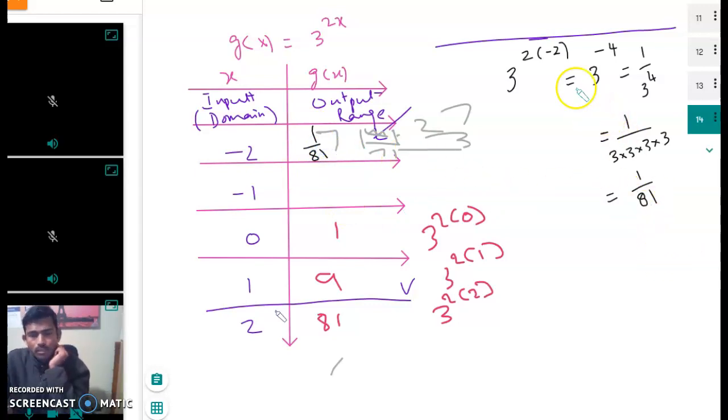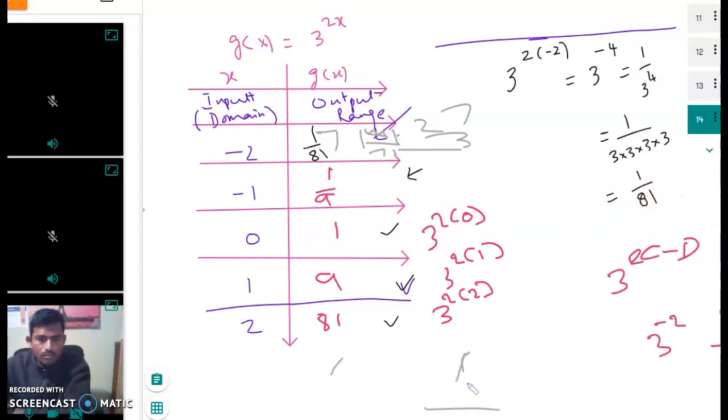So be very careful when you have a negative exponent. Positive exponents, no problem. This is good, this is good. And what do you guys think of this? Good. Okay, so plug in this number also, 3 to the negative 1 exponent, and see what you get for negative 1. Very good.